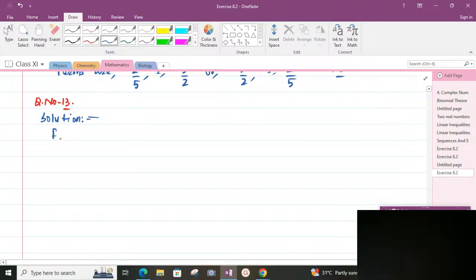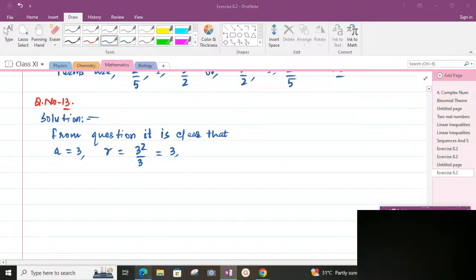From the question it is clear that a equal to 3 and r will be 3 square by 3 equal to 3.